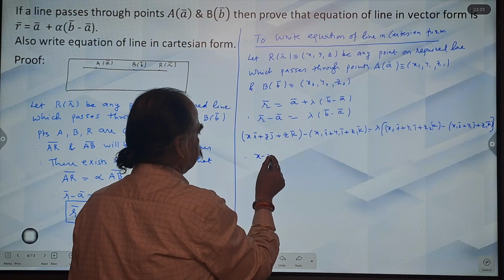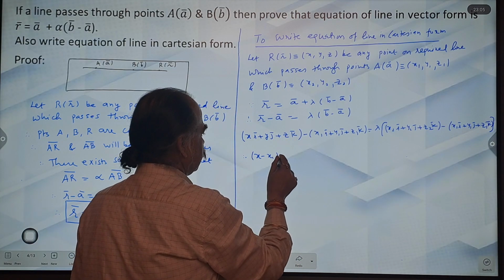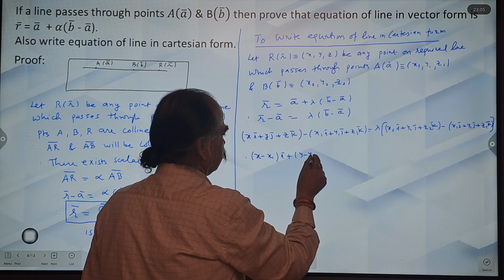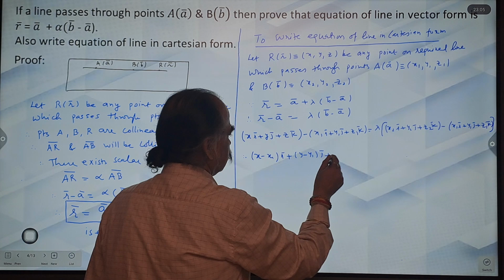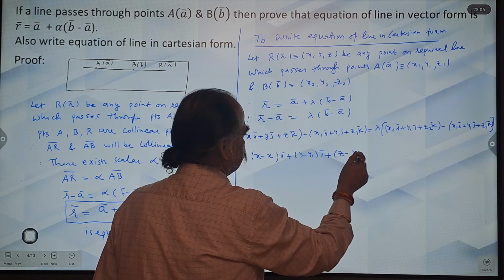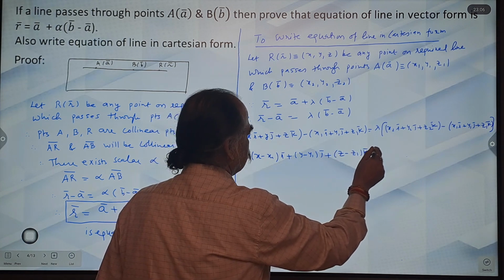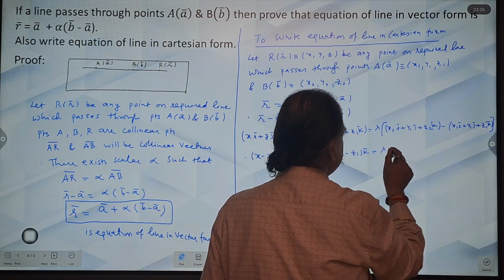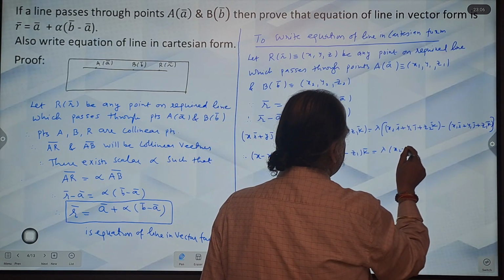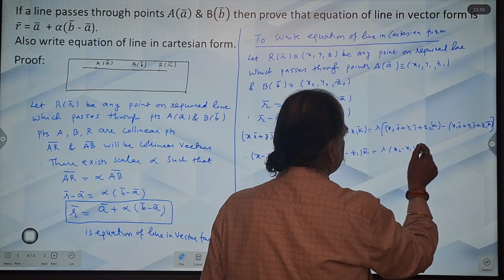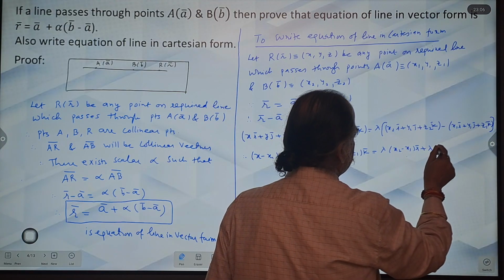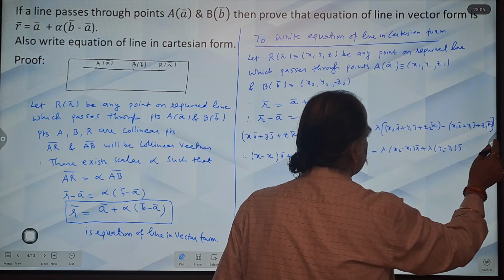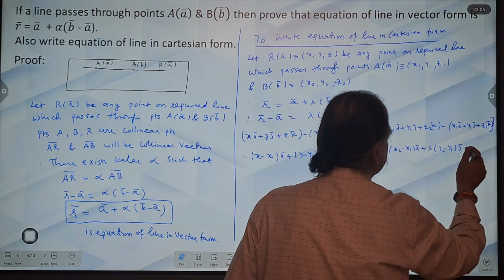Therefore, x minus x1 i bar plus y minus y1 j bar plus z minus z1 k bar is equal to lambda times x2 minus x1 i bar plus lambda times y2 minus y1 j bar plus lambda times z2 minus z1 k bar.